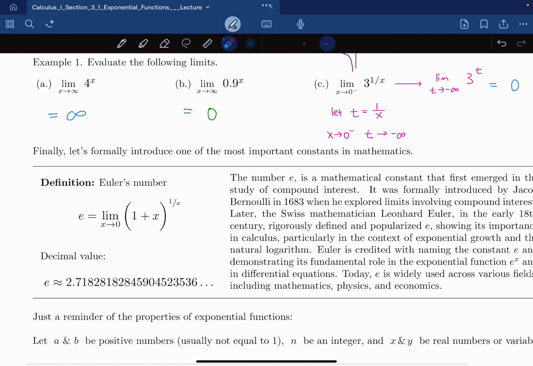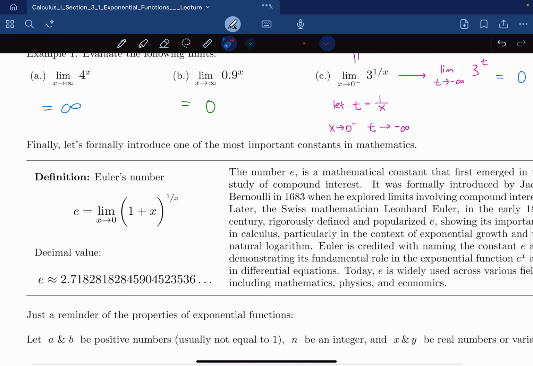So here is something that I want to introduce. Finally, we want to introduce this number e. We've been working with this for quite a while now, but this is formally called Euler's number, e, and it is defined in a very particular way. We will be able to work with this in the future, but for now, this is just a definition. This is just the limit as x approaches infinity of (1 plus x) to the power of 1 over x.